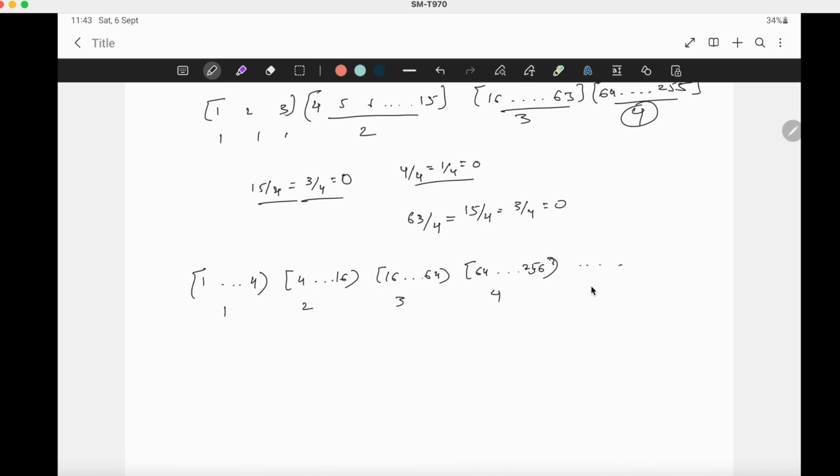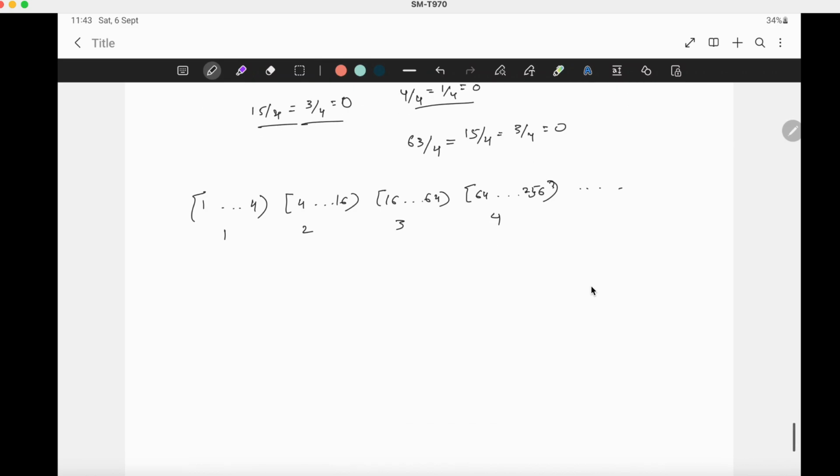So let us suppose any range that we are given, say from 2 to 16. 2 basically lies in this particular range. What we can do is figure out how many elements from 2 are there which are less than 4 and greater than or equal to 1.